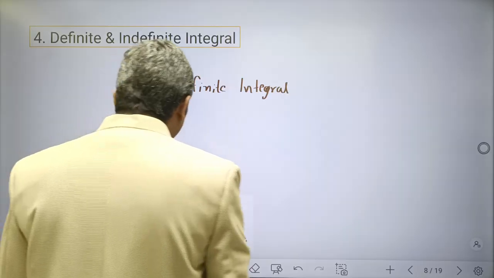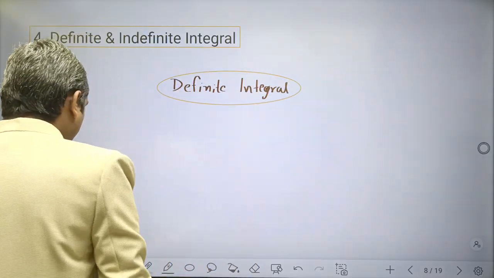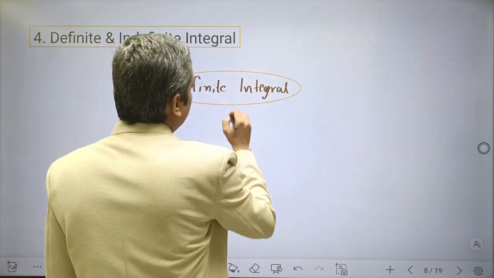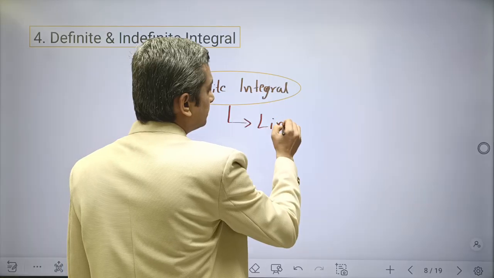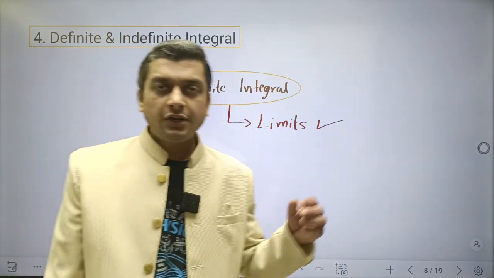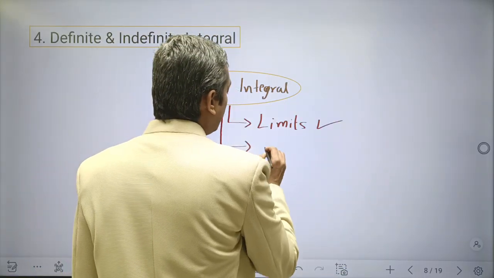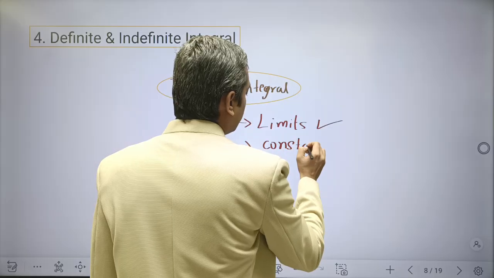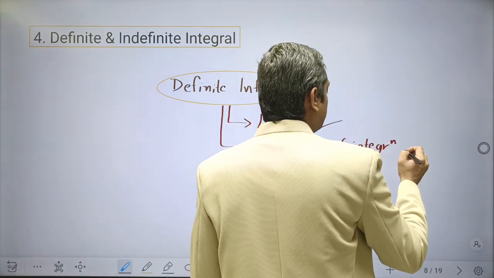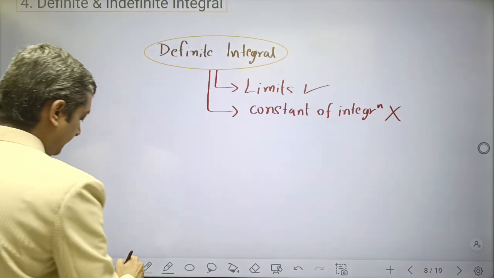It has two features: they have limits. And remember, when we learned about the graph, we put a lower limit and an upper limit, isn't it? And they don't have a constant of integration, that is c. So no constant of integration.